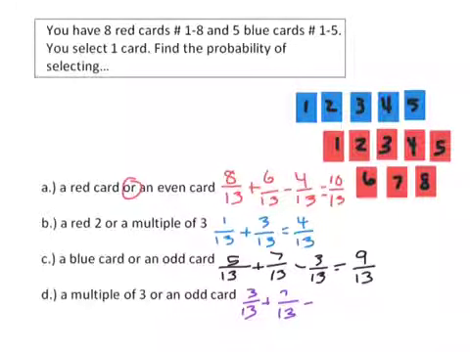Okay, so the multiples of 3 that are also odd, that's this one, multiple of 3, odd, multiple of 3, and odd, and this is a multiple of 3, but it's not odd, so we need to subtract 2 out of 13. So we get 8 out of 13 is our probability.